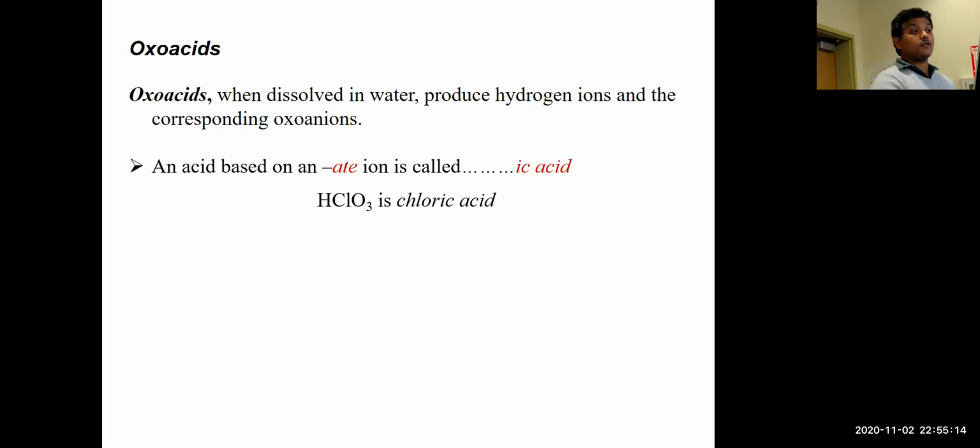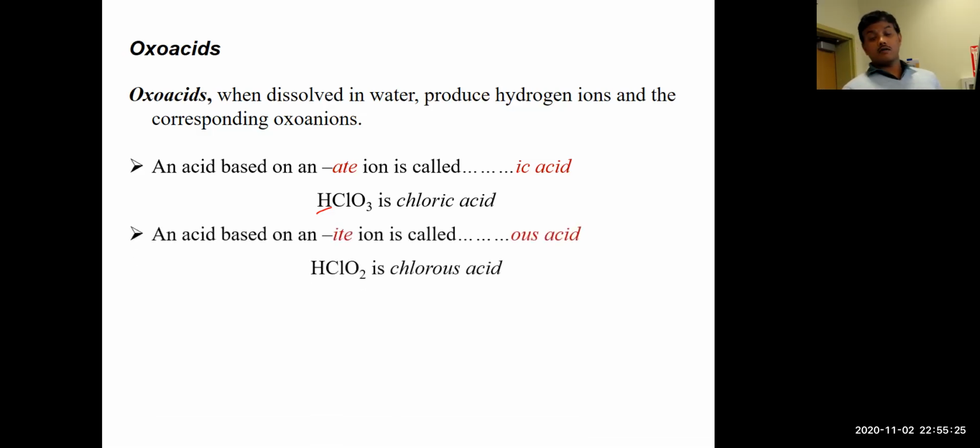But if you add hydrogen to that ClO3 minus to make it a neutral molecule, it changes to chloric acid. So usually the ending changes. And if you have hydrogen connected to ClO2, it becomes HClO2, so the name changes to chlorous acid.